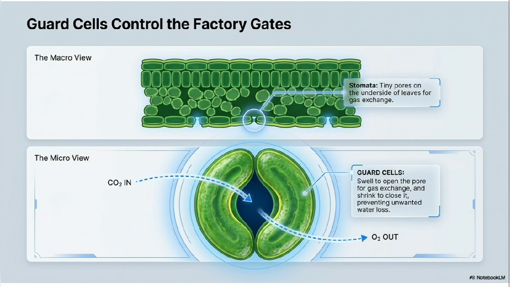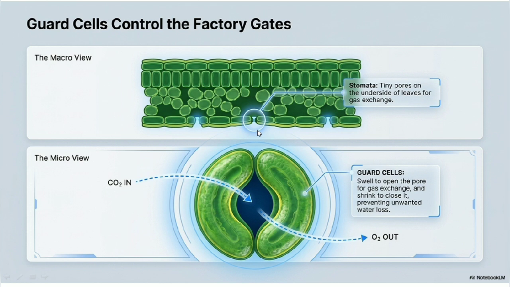Here, guard cells control the factory gates. In the macro view, we can see the stomata. The stomata are tiny pores on the underside of leaves for gas exchange. Next are the guard cells in the microscopic view.